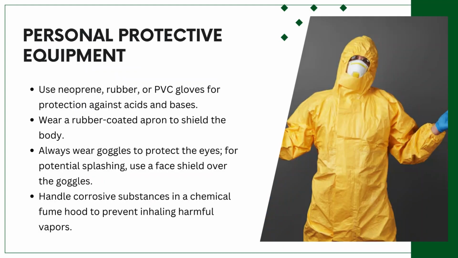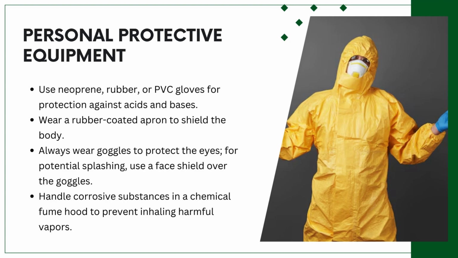Personal protective equipment. When working with chemicals, always wear the appropriate personal protective equipment. Use neoprene, rubber, or PVC gloves to protect against acids and bases. Wear a rubber-coated apron for body protection. Always use goggles to protect your eyes, and if splashing is likely, wear a face shield over the goggles.